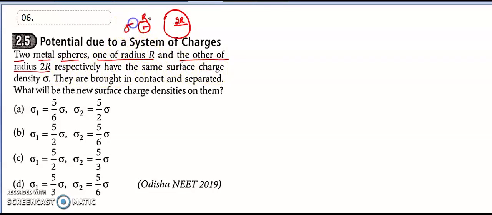Same charge density means sigma, sigma. They are brought in contact and then separated.